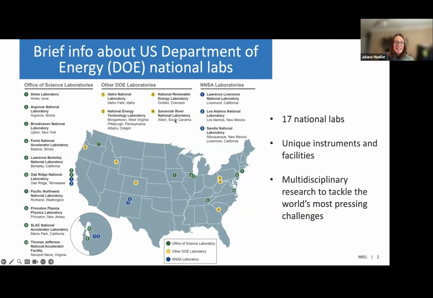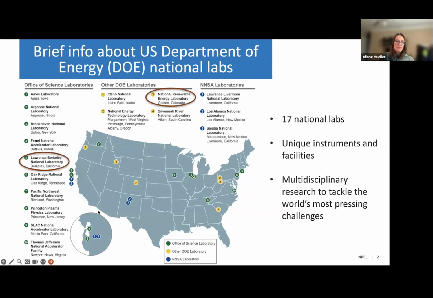There are the Office of Science laboratories that focus very much on fundamental research. There are the NNSA laboratories that focus more on our defense mission. And then there's a category of other national labs that have a specific purpose, like the National Renewable Energy Lab, which focuses on renewable energy and energy efficiency.